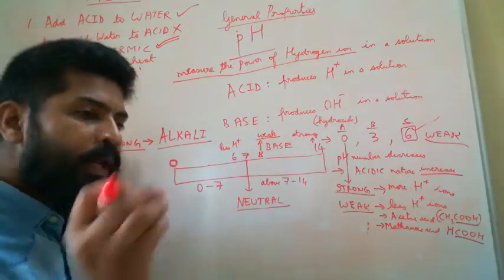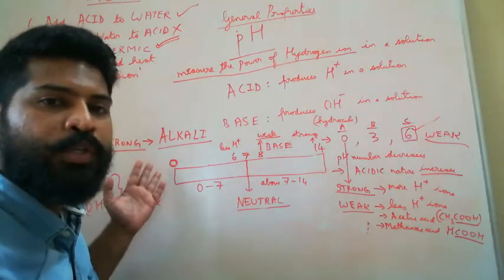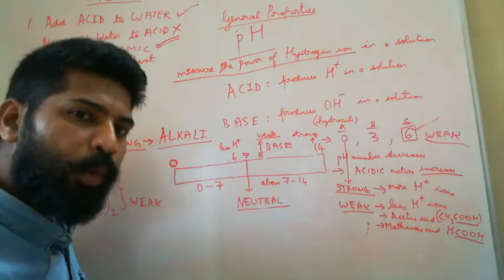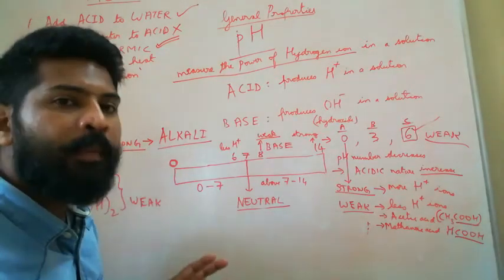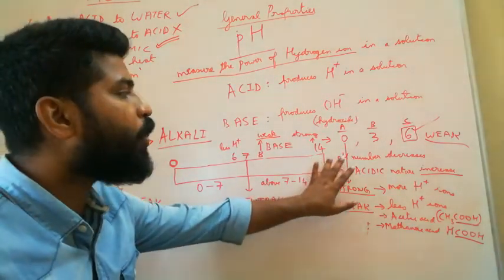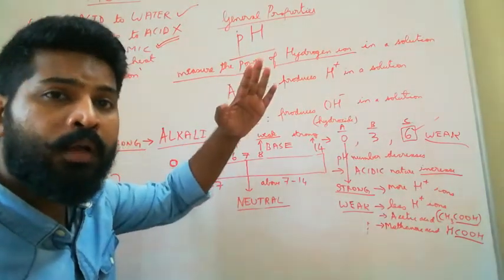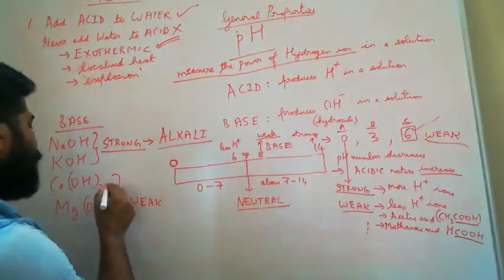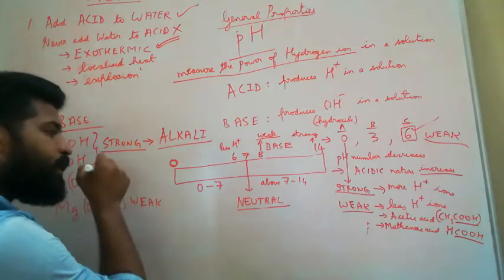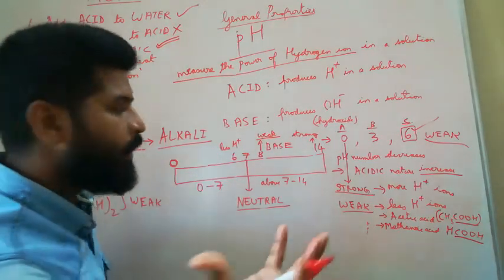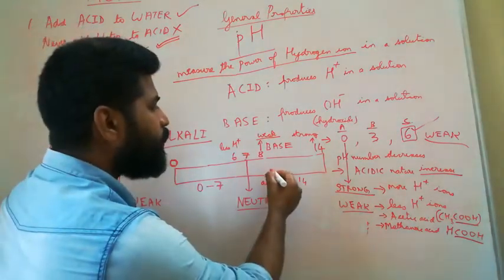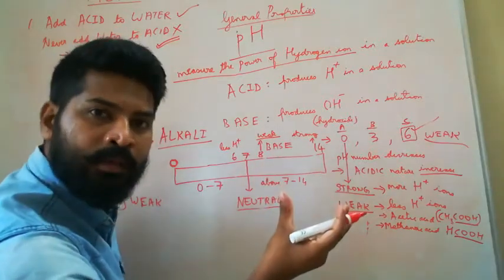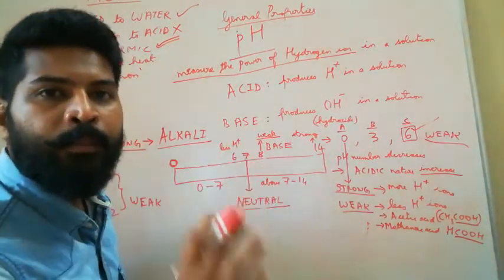So if you dip a pH paper into a solution of sodium hydroxide or potassium hydroxide, most probably the number would be around 13 or 14 because it's a very strong base. Whereas if you dip it into calcium hydroxide or magnesium hydroxide solution, the pH would be somewhere around 8 to 10, which is a weak base.